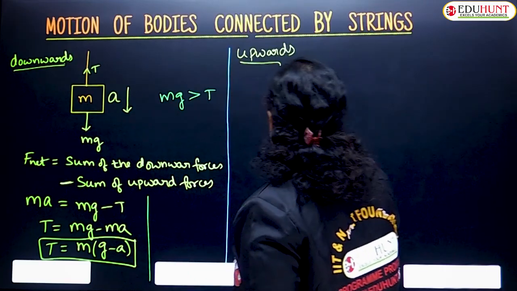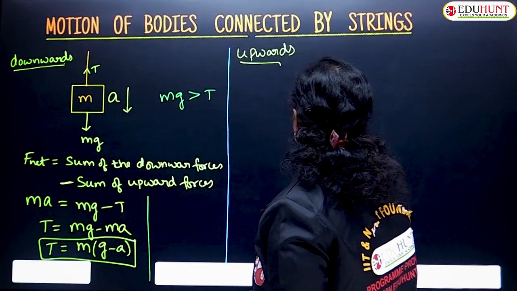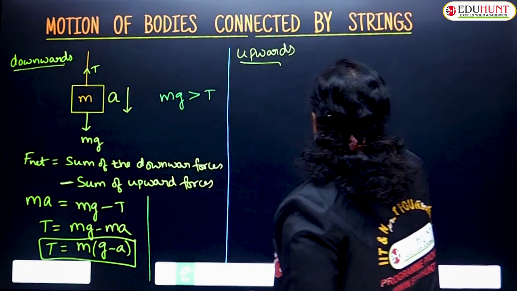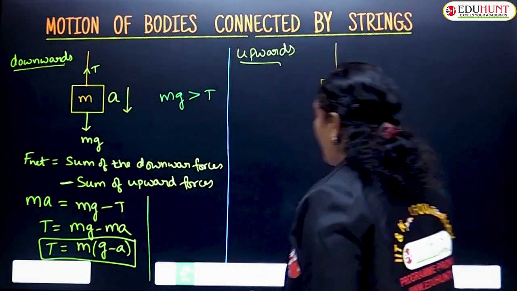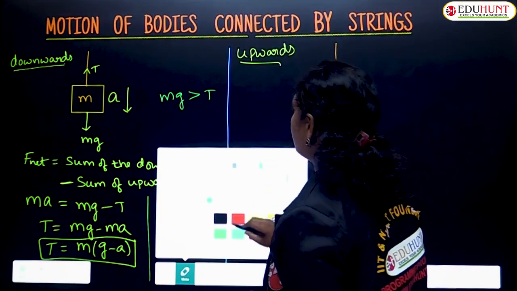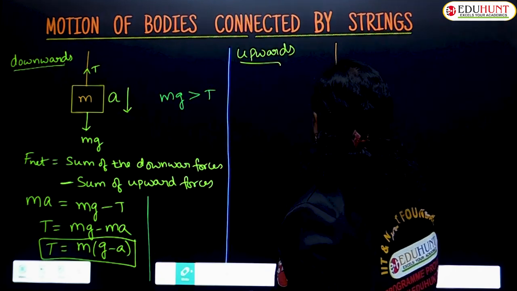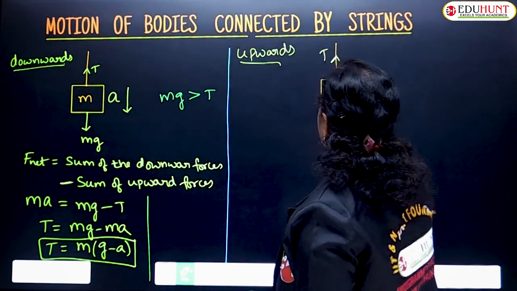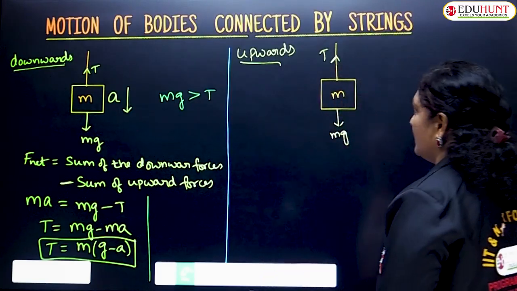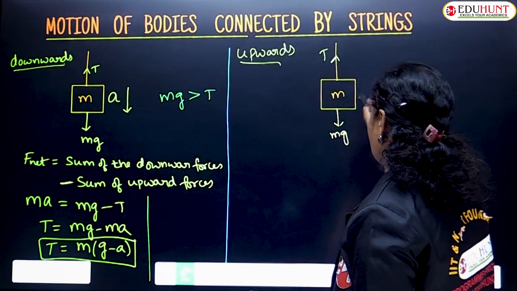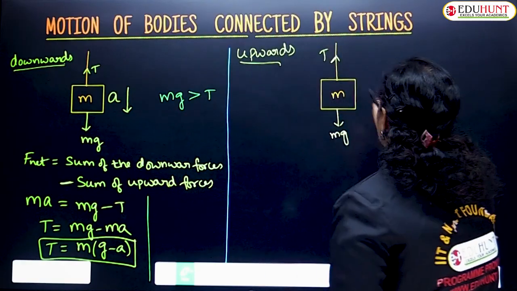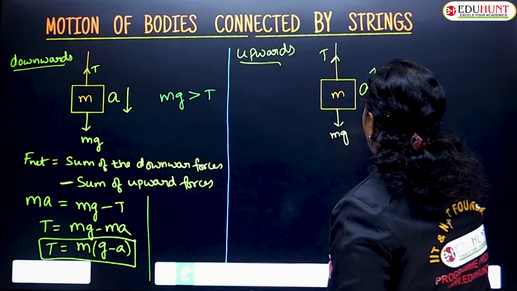Again, let us consider the same block of mass m, tied with the help of a string. Clearly its weight mg must be acting downwards, and the tension T must be acting upwards in the string. As the block is moved upwards, it must be accelerating upwards.